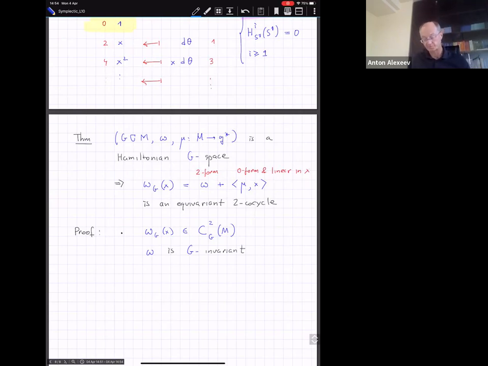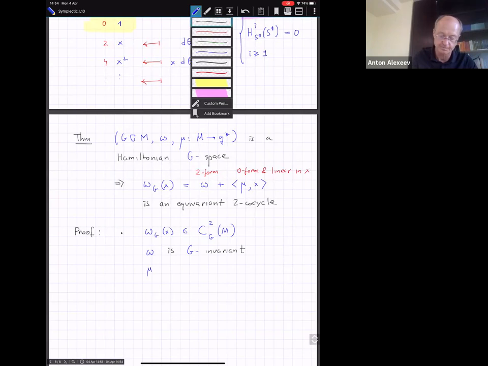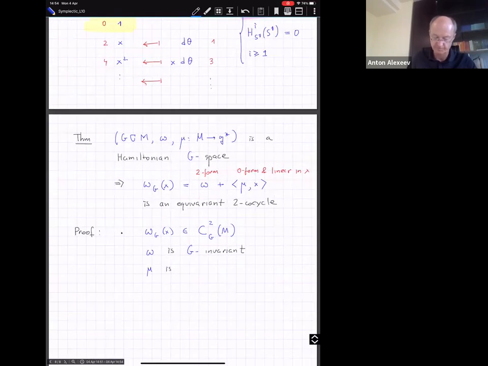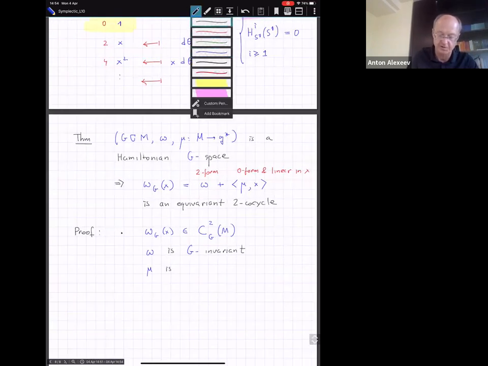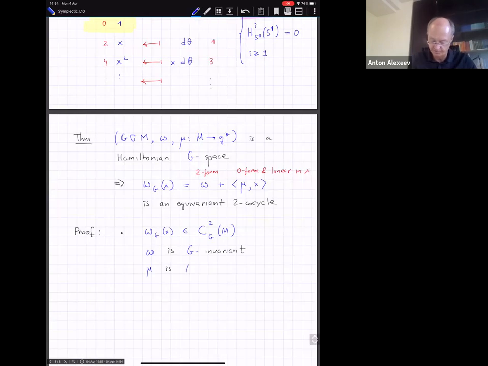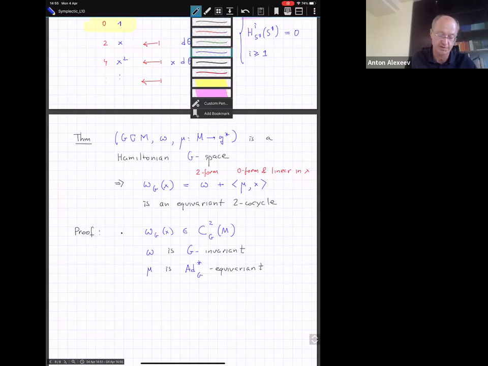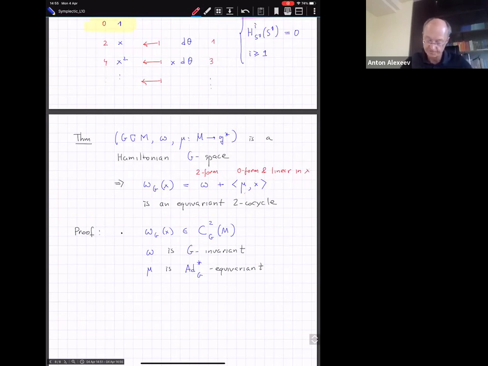And we know that mu is ad star G equivariant. And of course, the action on mu is ad star, the action on X is ad, right? So they're dual to each other.